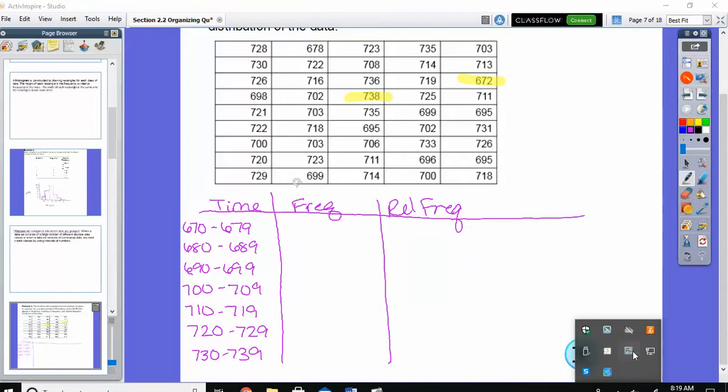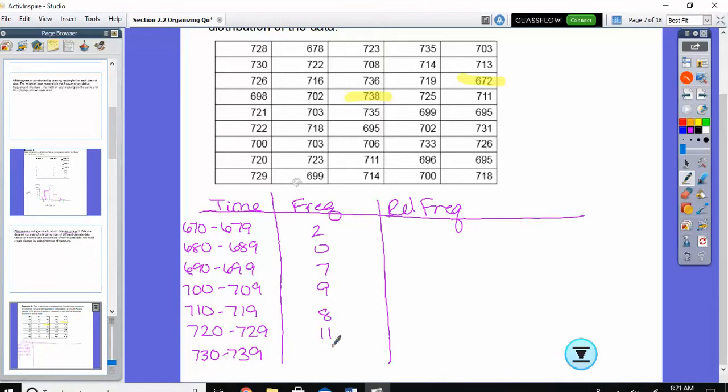Let's divvy this up. You guys had what? 7? 8. 11. 7. All right.